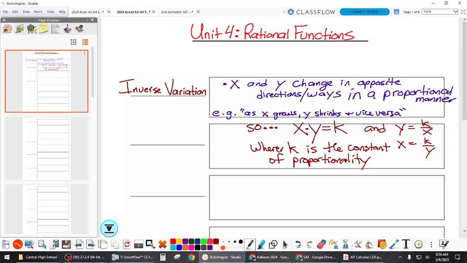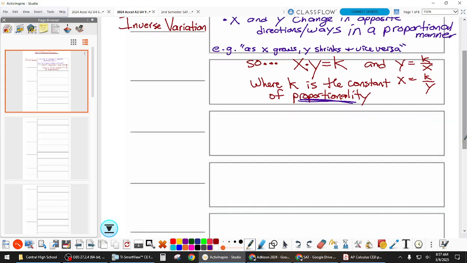And then K is that constant that it always multiplies to be. Do you see this idea from the blue slide, as x goes to infinity, y came down to 0, and as x went to 0, y became infinity? Do you see that inverse relationship now? Okay. So that is our parent function for this type.